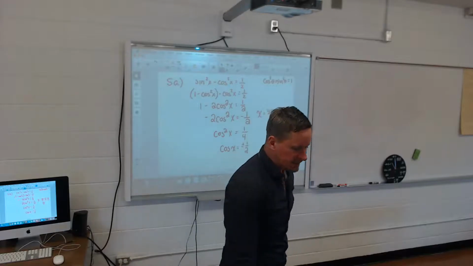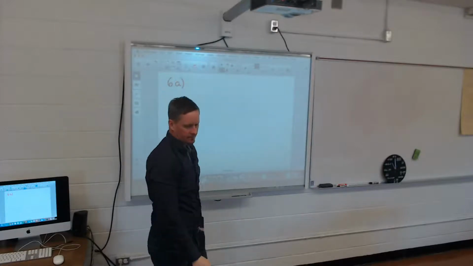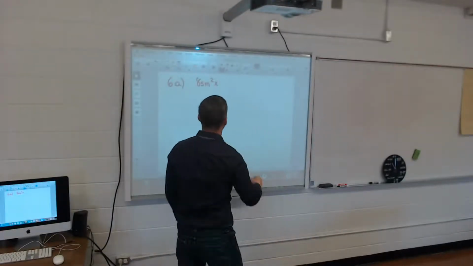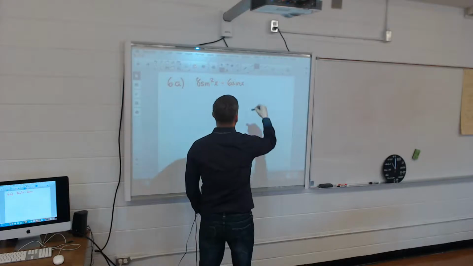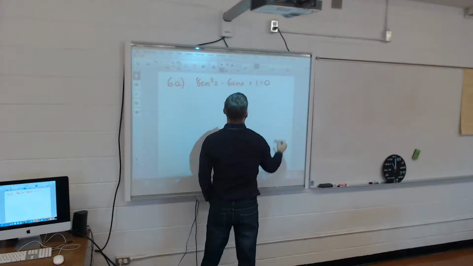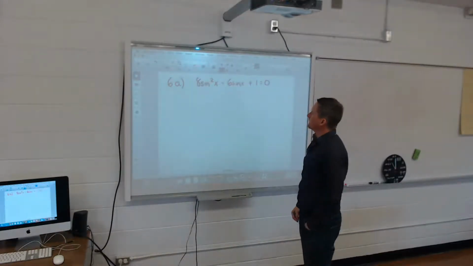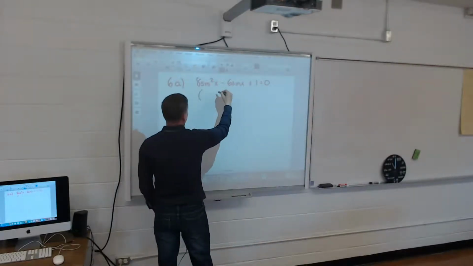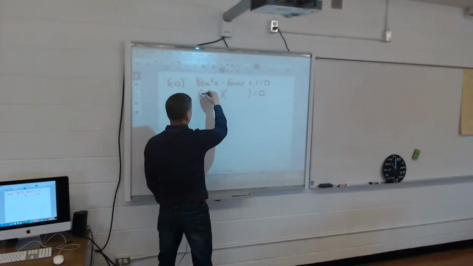I'll look at 6A now. All right, so factoring again, we're going to factor the values of 8 that give me -6. Again, I'm going to use the advanced way of doing it.